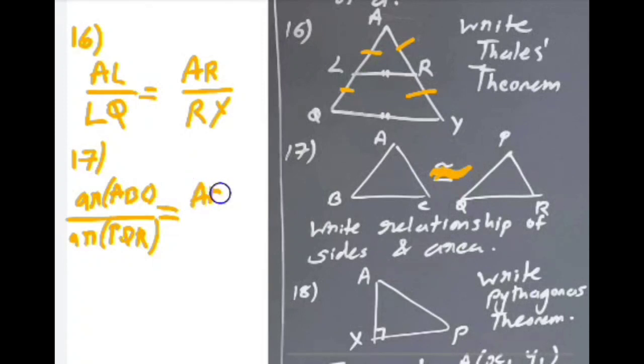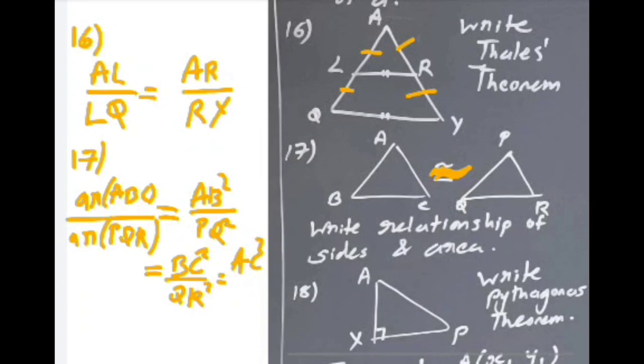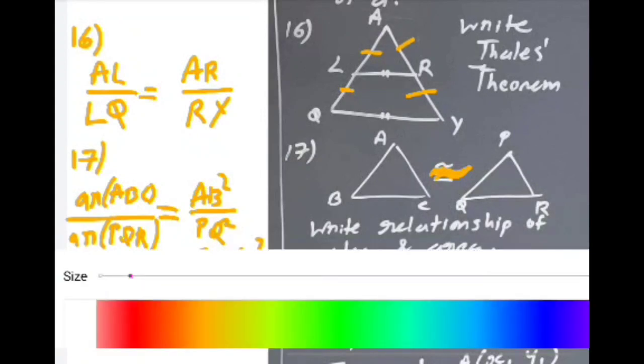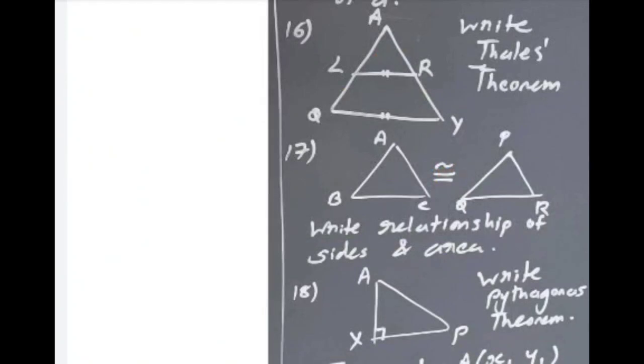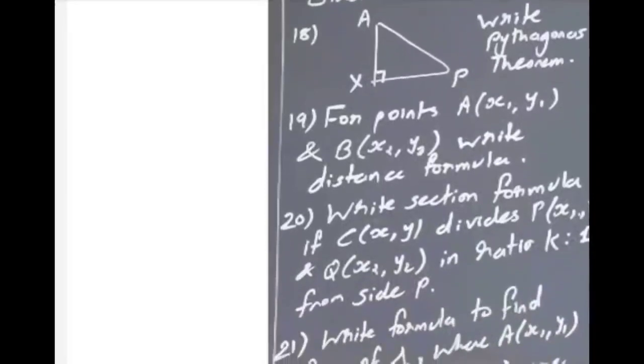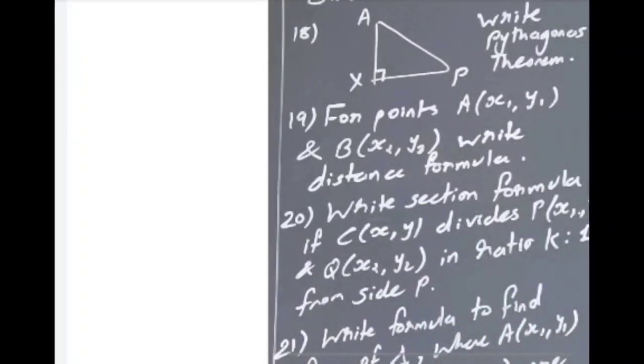So you can write like AB square upon PQ square is equal to BC square upon QR square is equal to AC square upon PR square. Okay, so this is how you can write that theorem. Okay, now let's see the 18th one.